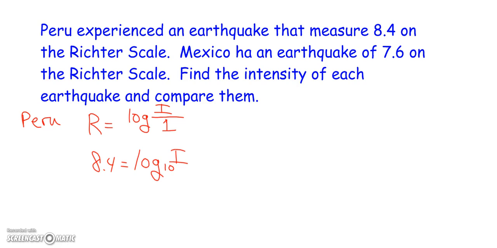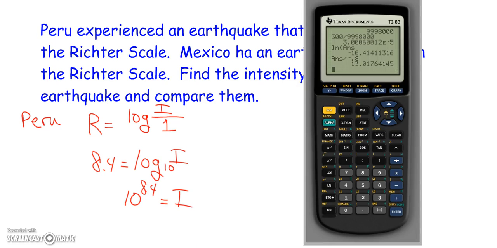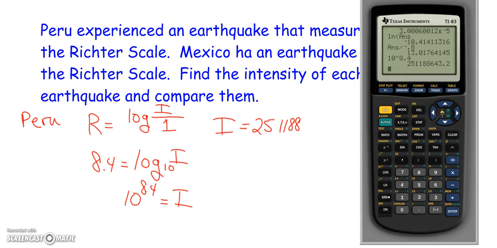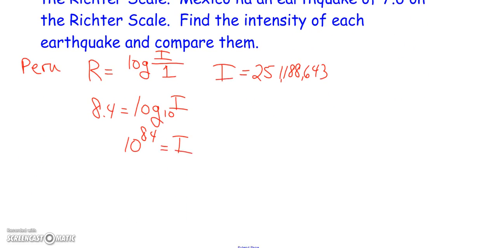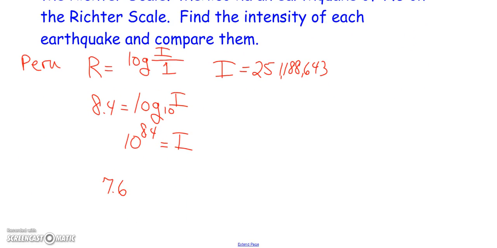So let's rewrite it in exponential form: 10 to the 8.4 is equal to I. Well, that's straightforward calculator button pushing. 10 to the 8.4 comes out to, the intensity in Peru was 251,188,643.